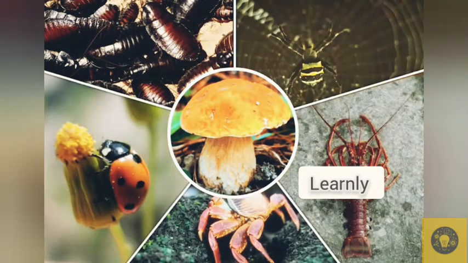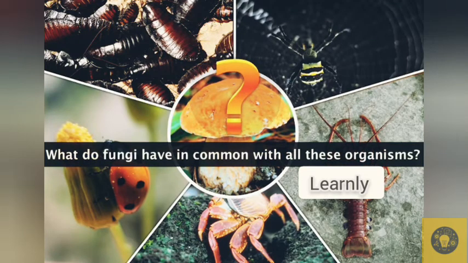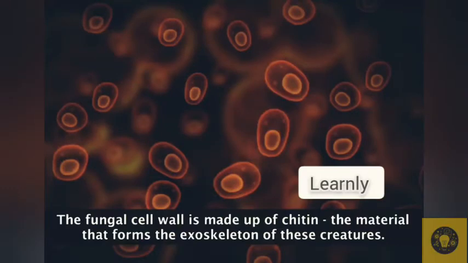Fungi have something in common with beetles, cockroaches, spiders, crabs, and lobsters. Can you guess what it could be? Their cell wall is primarily made up of chitin, the material that forms the exoskeleton in these creatures.